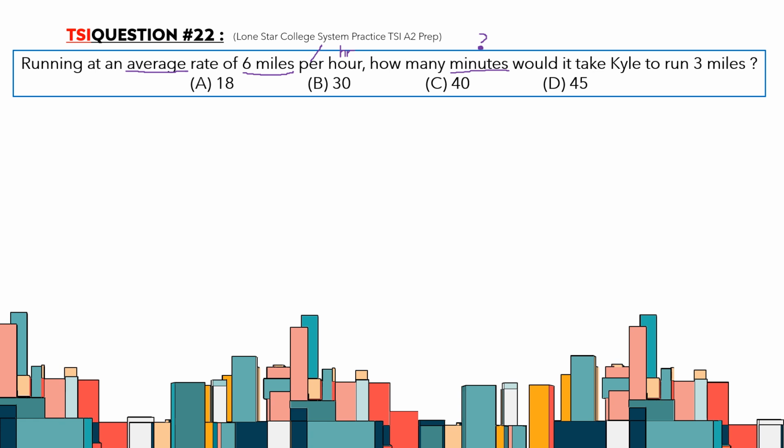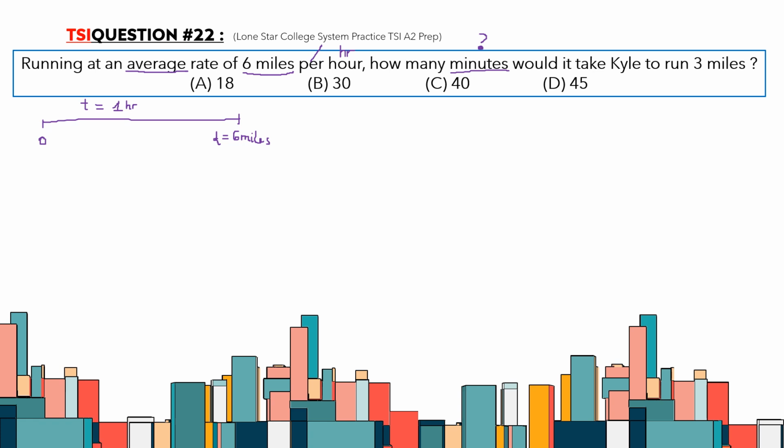At common sense, we will say we have 6 miles is the distance, and we use 1 hour. That's the time. The distance is 6 miles.